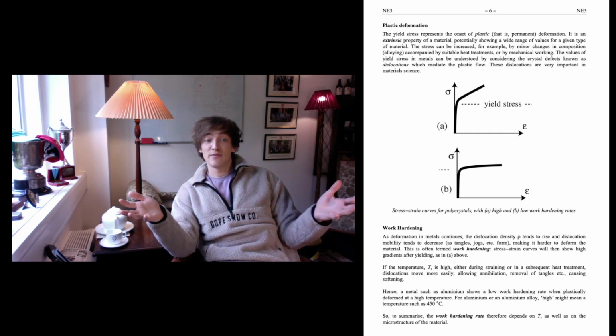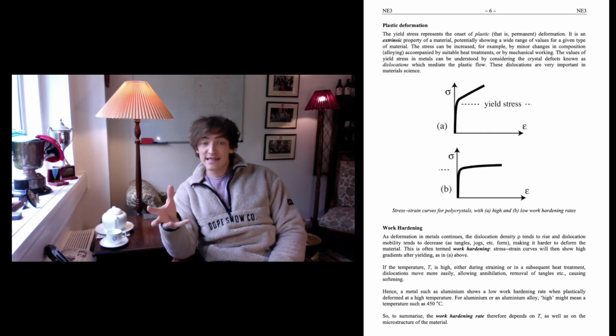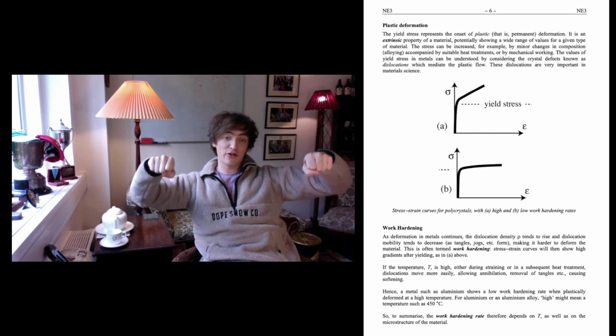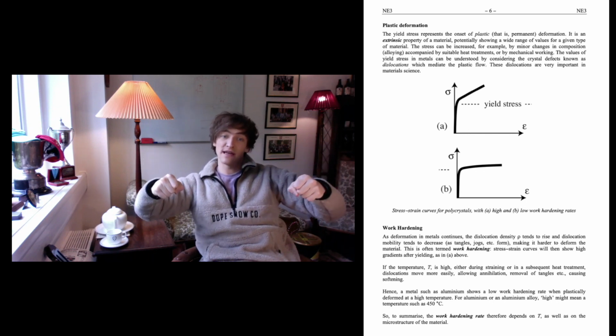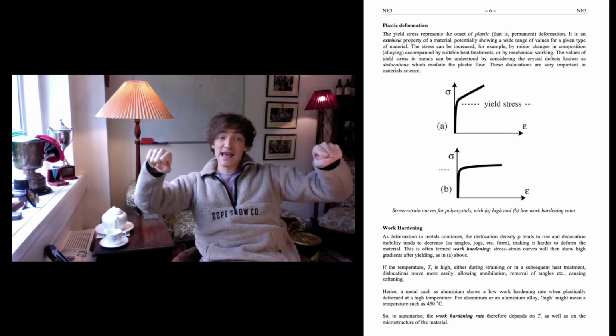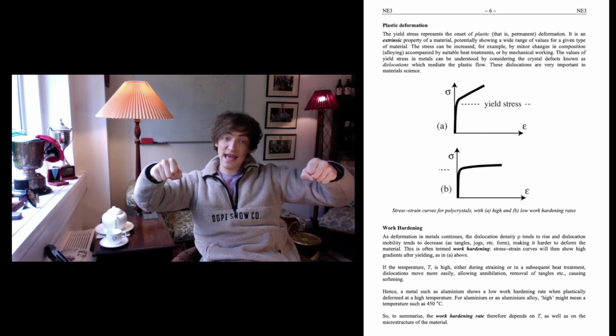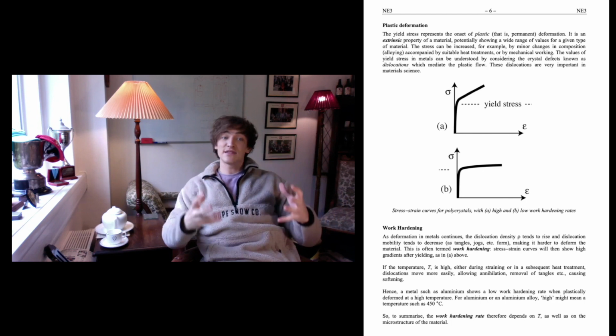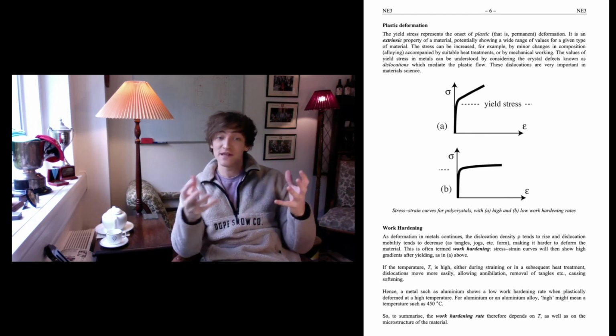They are a type of defect, and they're created and move as you deform the metal. So as I bend a copper bar, I'm creating dislocations and I'm moving them as I bend that bar. I.e., the energy I'm putting into the bar when I permanently deform it is going into the creation and movement of dislocations.